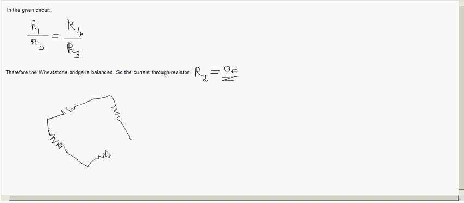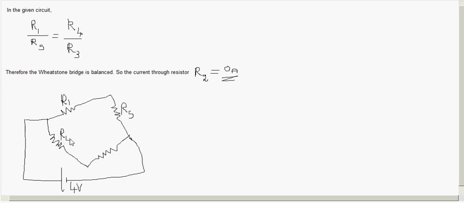With only 4 resistors and the 4 volt battery connected, we have here R1, R5, R4, R3: 1 ohm, 2 ohm, 2 ohm, 4 ohm.